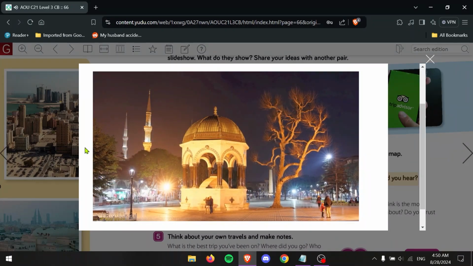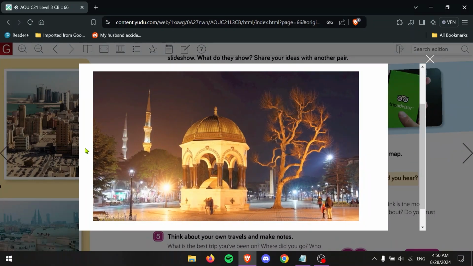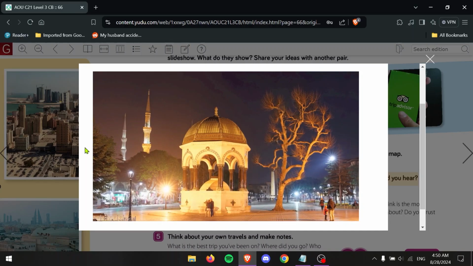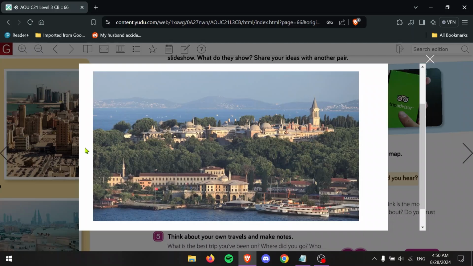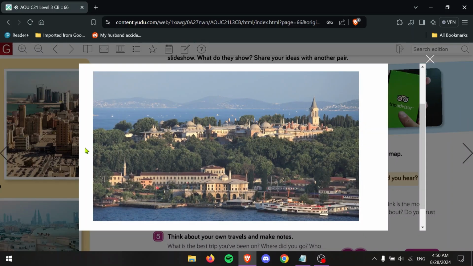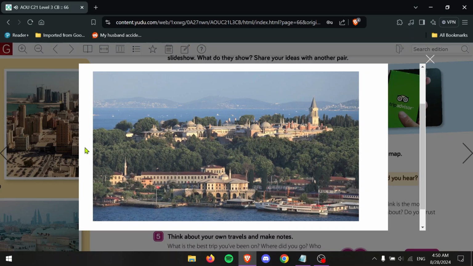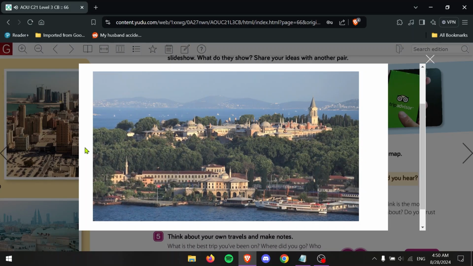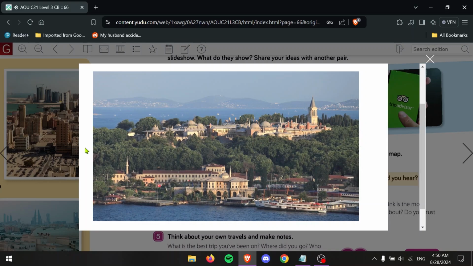You take a trip to the Byzantine Hippodrome. And you spend a day at the Grand Topkapi Palace. Wonderful stuff. What a great holiday. You've seen all there is to see in Istanbul. Home time.